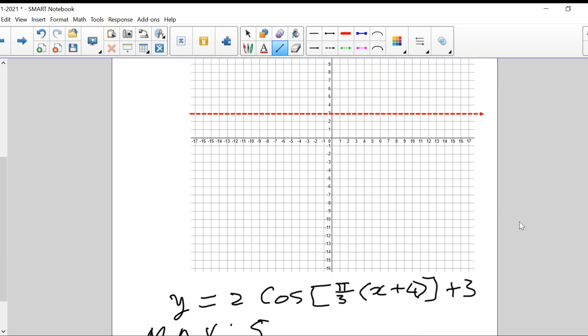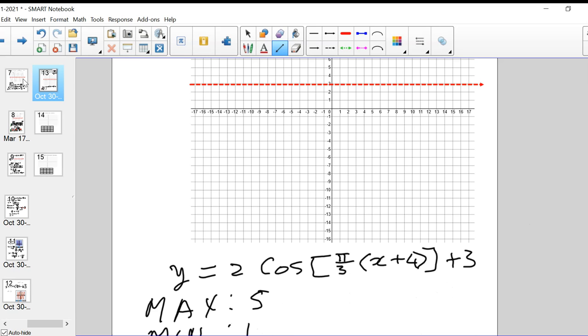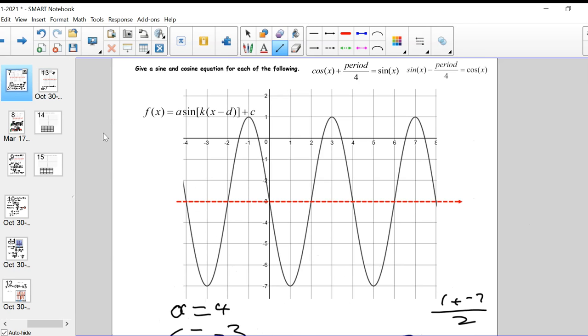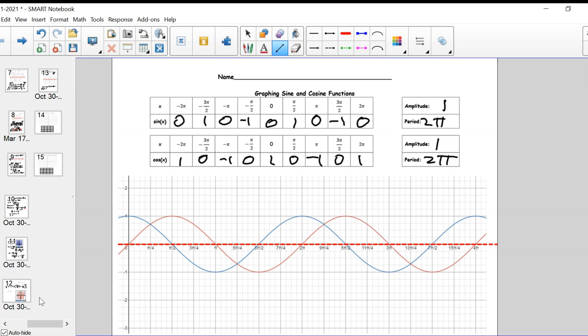A cosine function starts at its high point. If I take you back to the very first page of when we started looking at this, a cosine function starts off at its high point on the y-axis, a high point of 1.